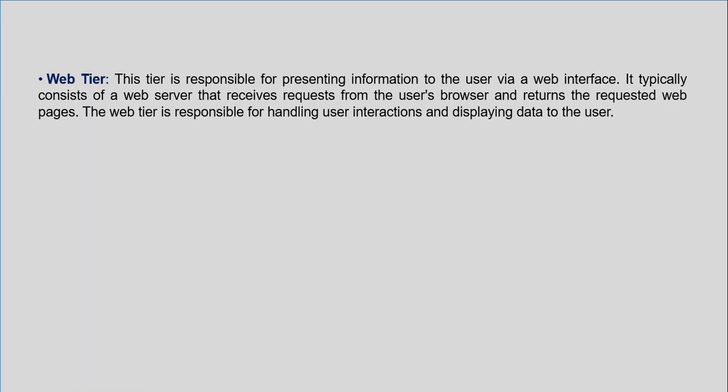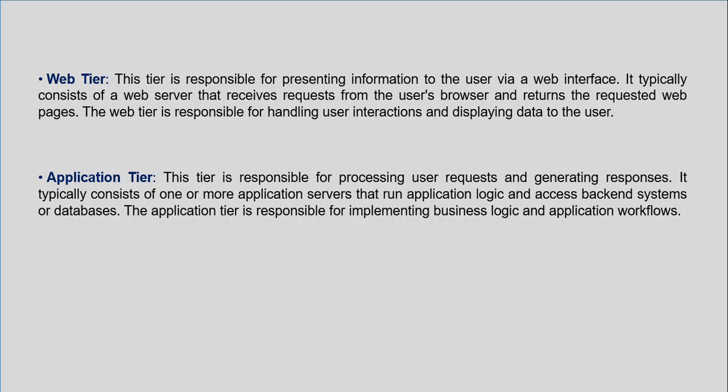Let's see what application tier is all about. Application tier is actually responsible for processing user requests and then generating responses. So it typically consists of one or more application servers that run application logic and access backend systems or databases. So this application tier is responsible for implementing business logic and application workflow.